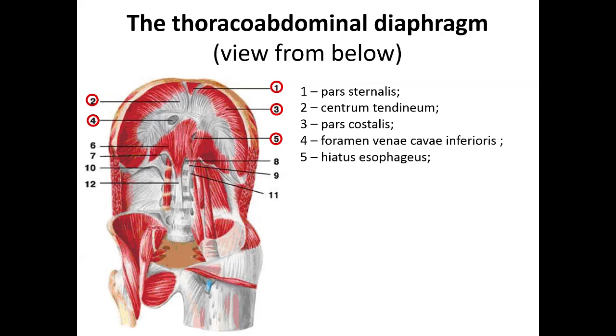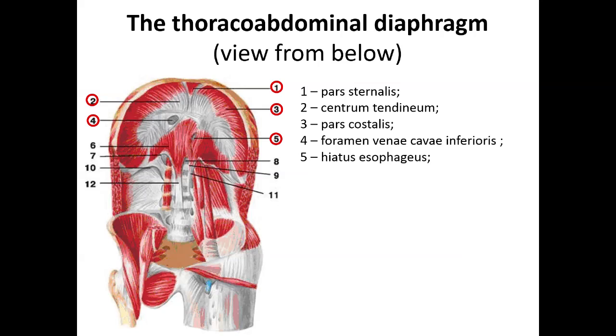So this shape of hiatus esophageus helps the content of the gastrointestinal tract, the content of the esophagus, to move only from above down, from the neck to the abdomen, and not in the opposite direction. And also, let's compare. Number 4 is foramen venae cavae, and number 5 is hiatus esophageus.